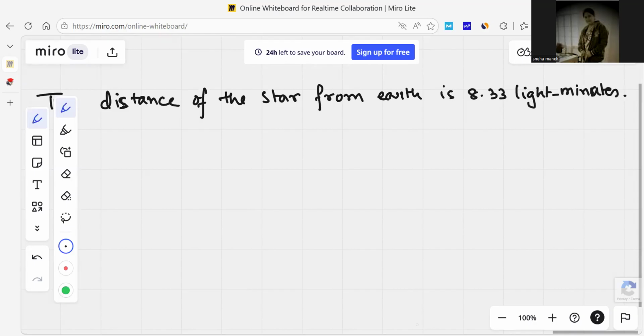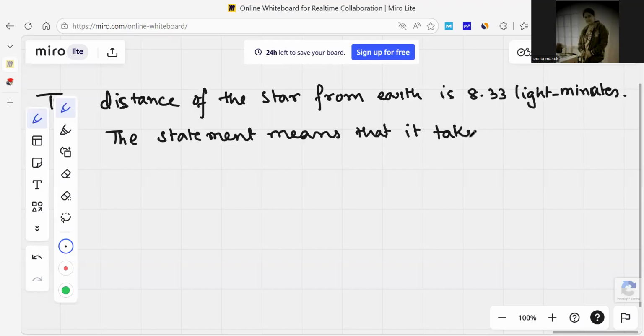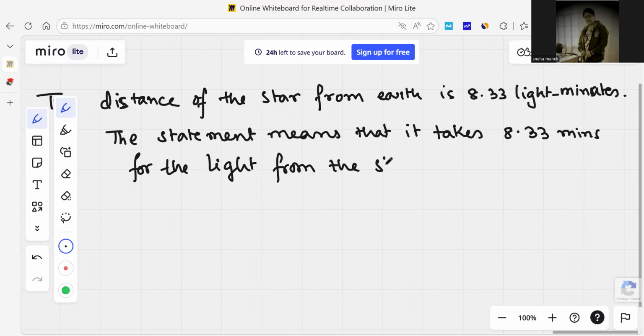The statement means that it takes 8.33 minutes for the light from the star to reach the Earth's surface, right? And this was the first part of the question.